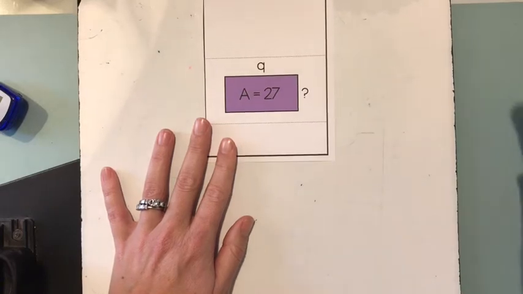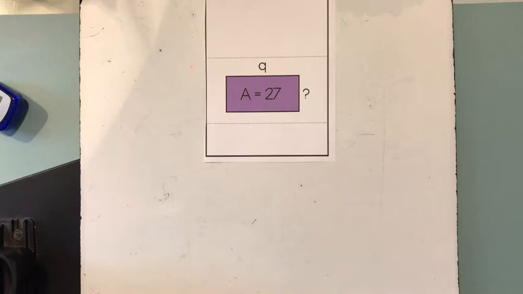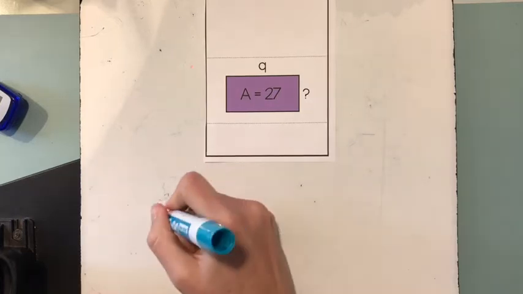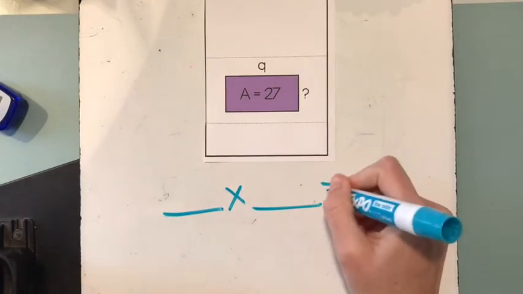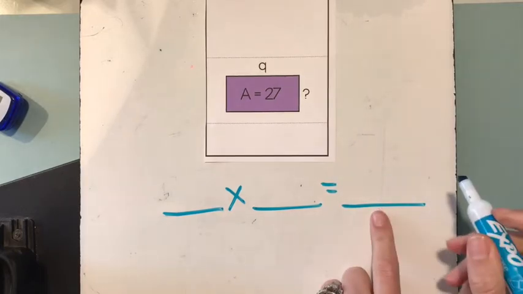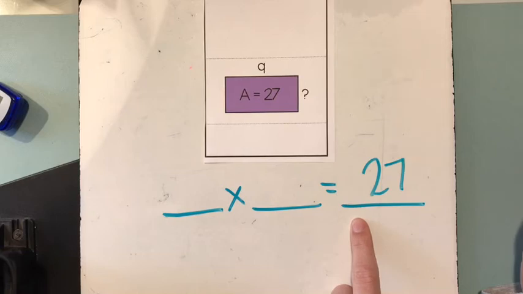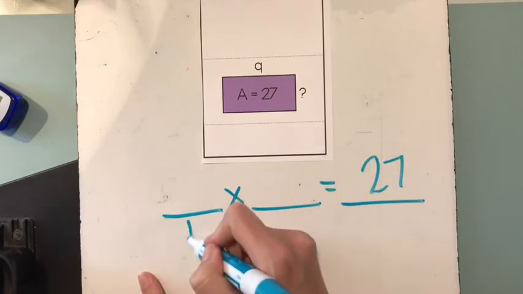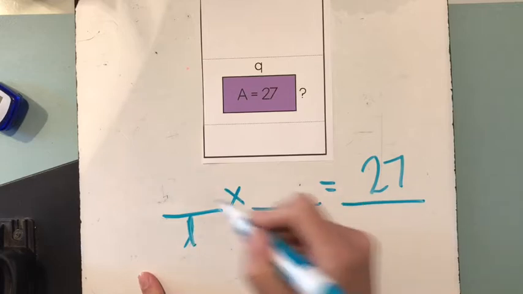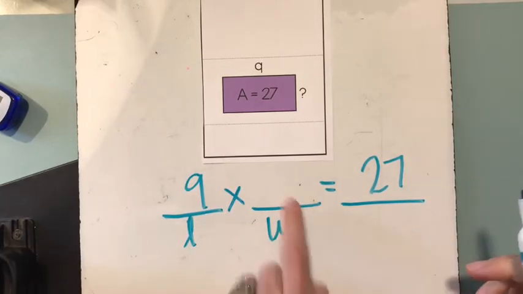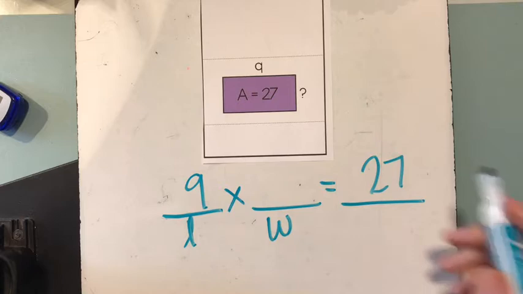Well, what we do know in multiplication is that the total, the product, goes to the end, right? So we know that the total here is 27, the product. We know one of the sides, we know the length is 9. We do not know the width, and that's what we're trying to figure out.